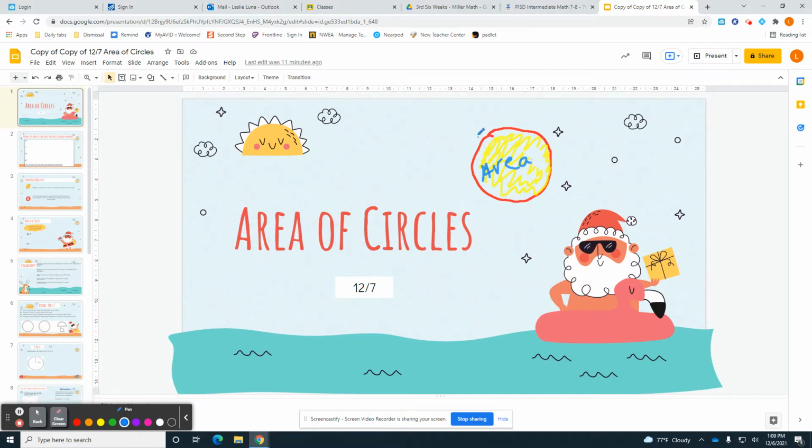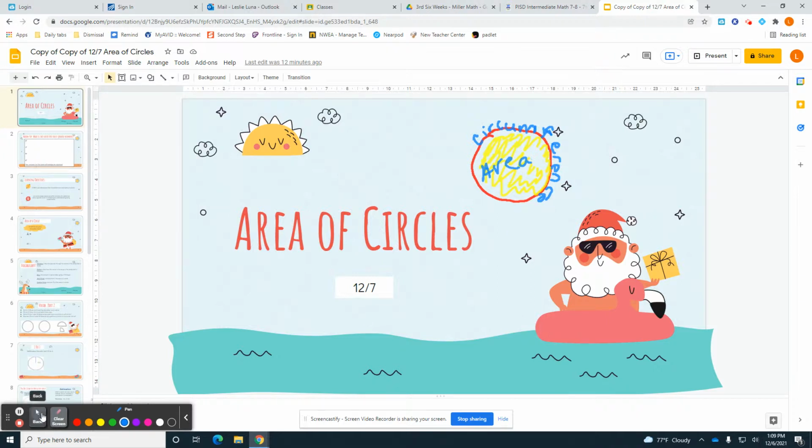And we said circumference was on the outside. So area is on the inside, circumference is on the outside.